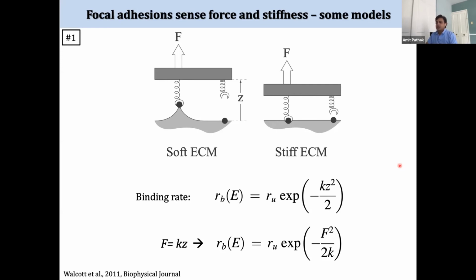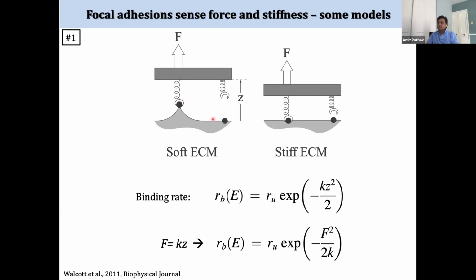So number 1 is: how does a focal adhesion distinguish between soft and stiff ECM? So in simplistic terms, if you look at this cartoon, the rectangle here is the focal adhesion. This squiggly line is the ECM, and let's say that the bond is simply a spring. And if you apply a force, what will happen on a very basic level is that this soft ECM will get stretched.